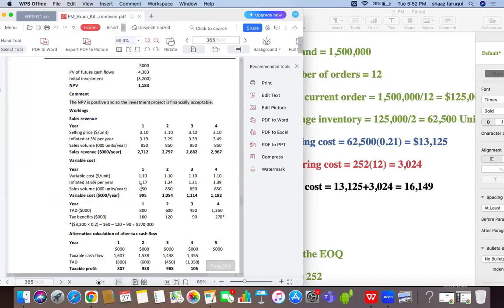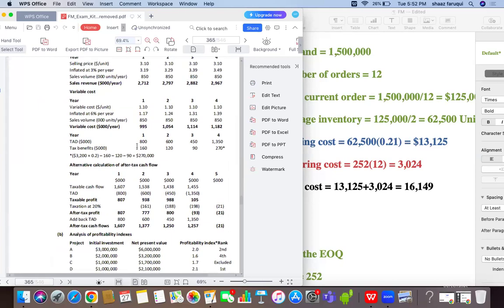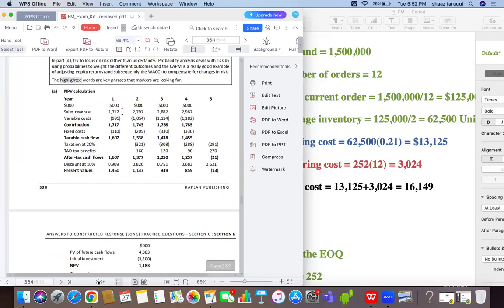From the revenue you've got the variable cost, you've got the contribution, selling price minus variable cost. From that, all you are doing is deducting the fixed cost to get the taxable cash flows.